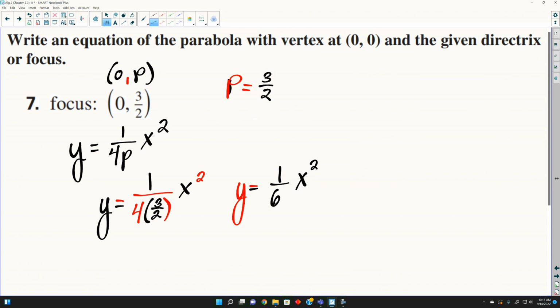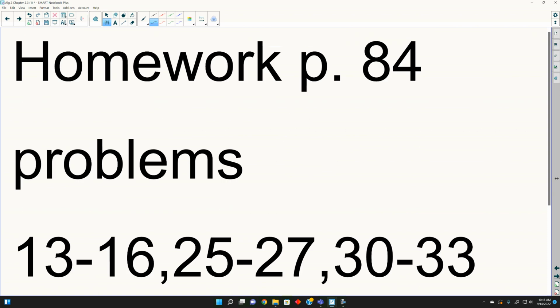Because we could do 4 times 3 in the numerator, and 4 times 3 is 12, and 12 divided by 2 is 6. But again, you could have plugged that in a calculator. Any questions on this here? Okay. I'm going to have you go on.